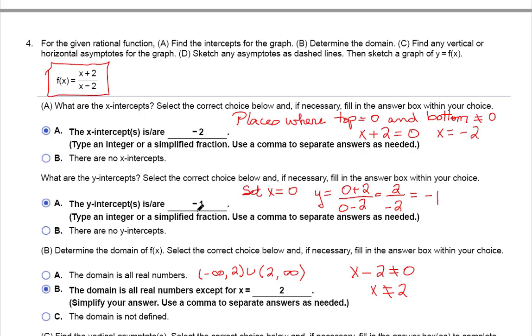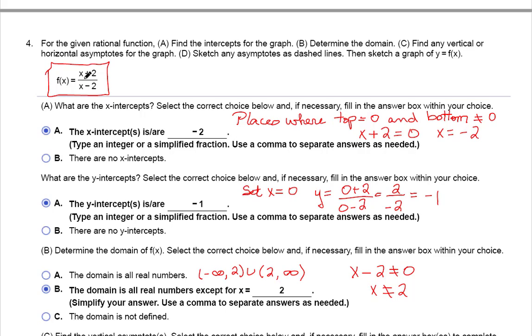What about the y-intercept? Okay, set x to 0. 0 plus 2 over 0 minus 2, 2 over minus 2 is minus 1. Okay, so it's going to cross the y-axis at minus 1. What about the domain? Well, let's see. Domain is where it is defined.